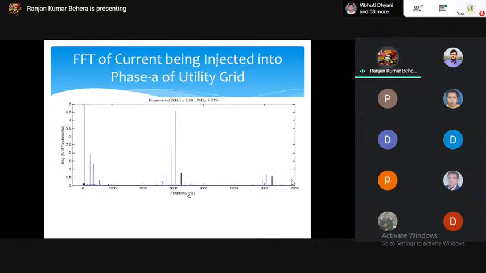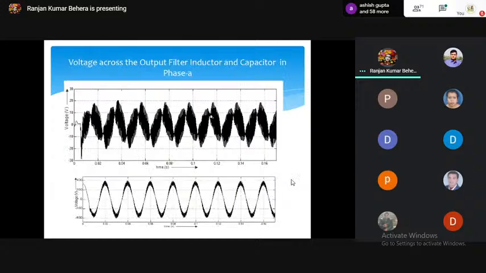Now you see this is our injected current harmonic, which is less than 5% THD, and then the voltage across the output filter inductor. Okay, so this is the output filter inductor and the capacitor voltage.